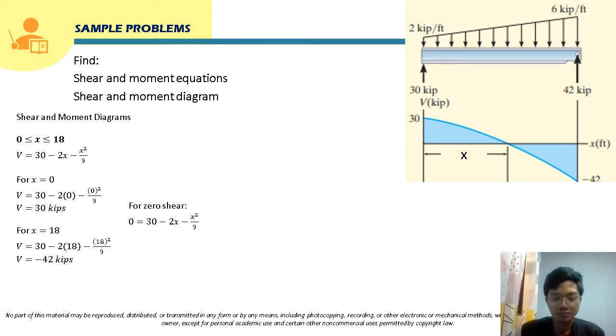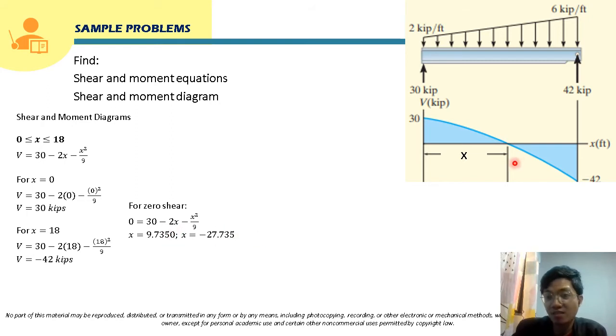So the values, class, for x here are 9.7350 and negative 27.7350. But here, class, we are only going to use the value that is logical. The value of x that is negative is not logical, right?